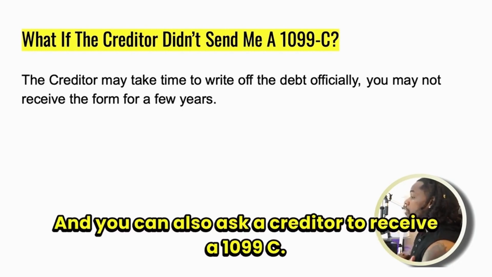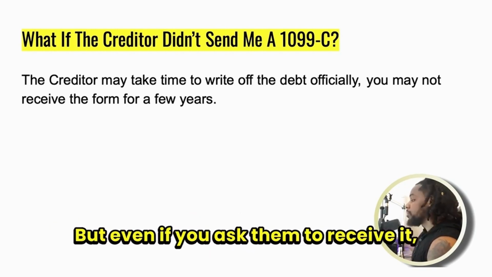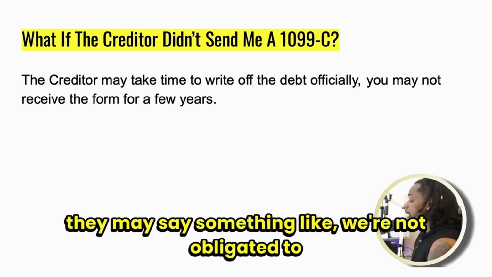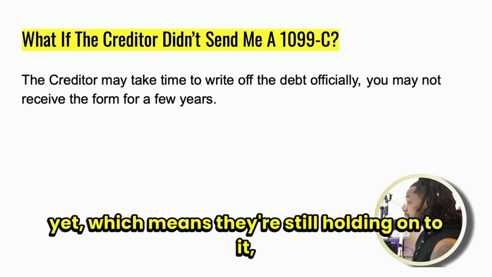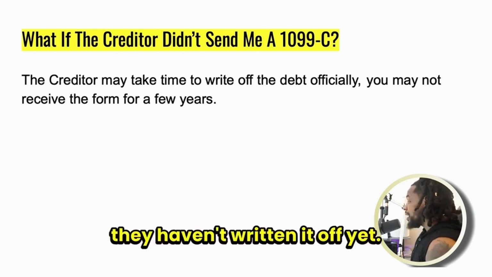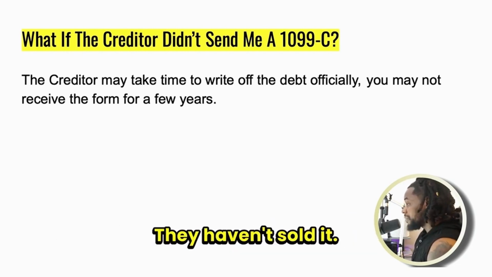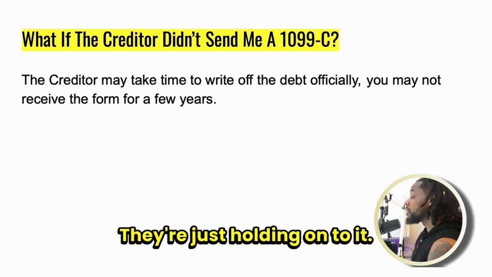And you can also ask a creditor to receive a 1099-C. But even if you ask them to receive it, they may say something like, we're not obligated to give you one, or we haven't discharged this debt yet, which means they're still holding on to it. They haven't written it off yet. They haven't sold it. They're just holding on to it.